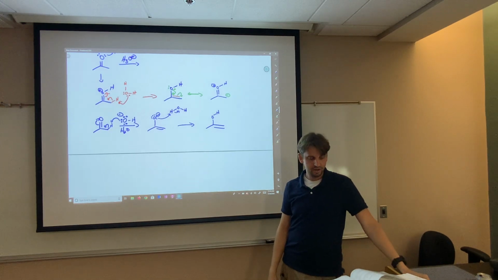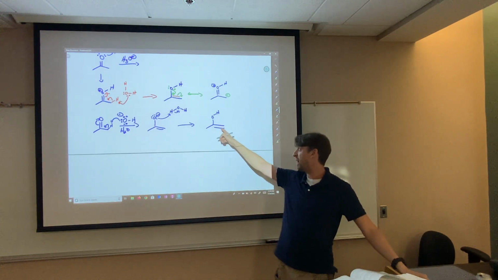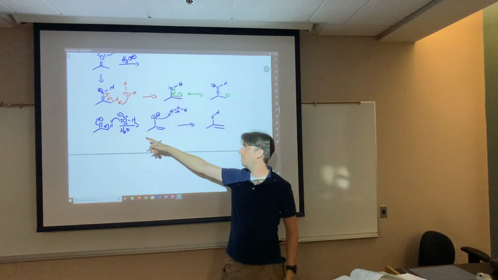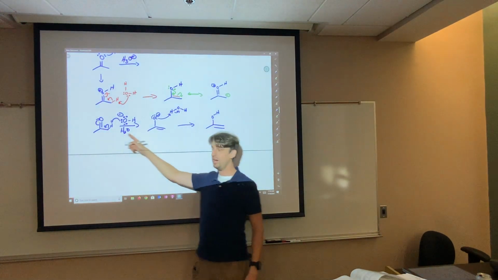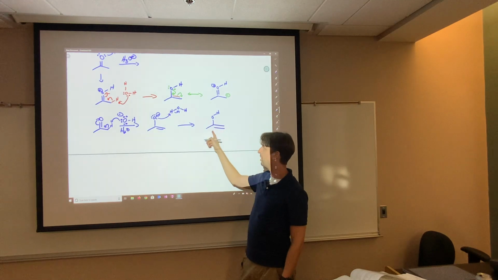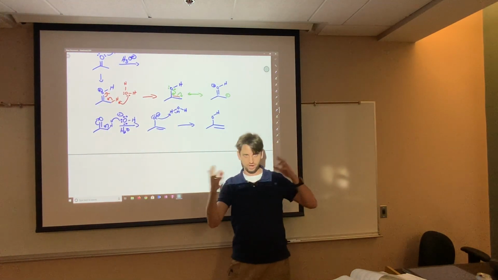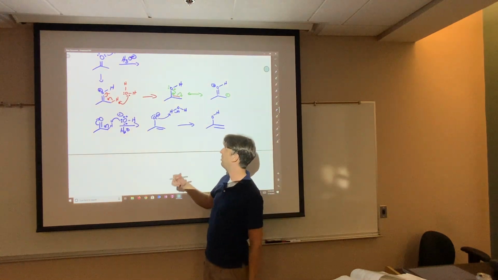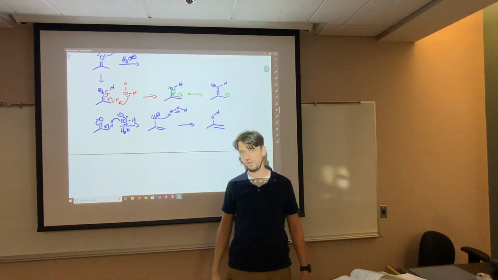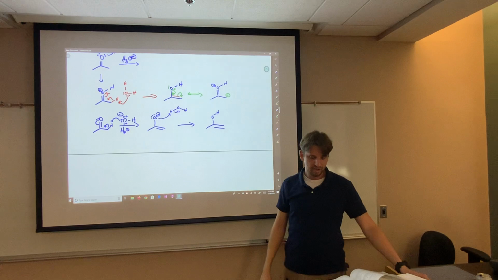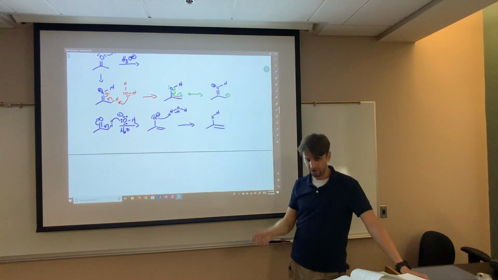Now, good practice would be, how do we get back to our starting material here? Under basic conditions, how can we go from here back to here? Remember, if we're establishing an equilibrium, we should be able to draw the forward and the reverse mechanism for that. And the same thing under acidic conditions. So see if you guys can go through and do that. And if not, drop me an email and we can work through it.